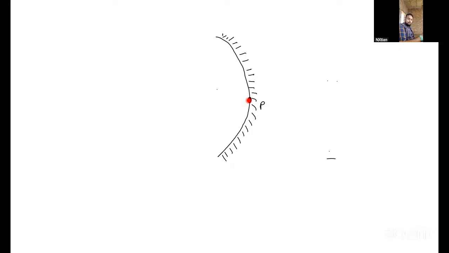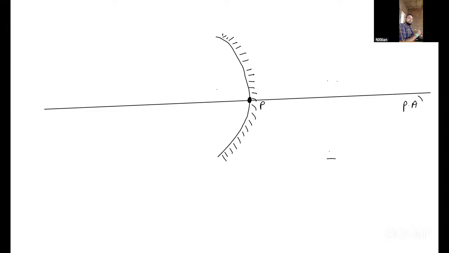Any problem? Now, an imaginary line which is passing through the pole is called the principal axis. Did you understand, guys?